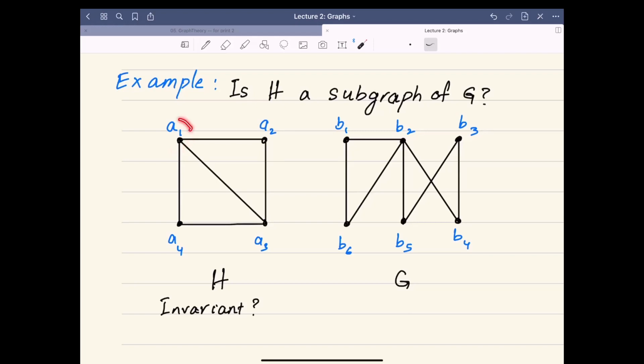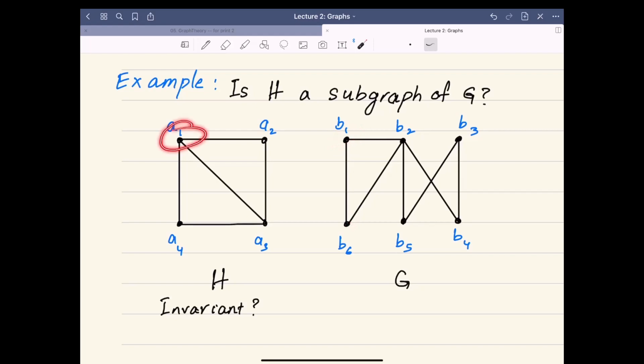So you cannot match A1 with B1. Why? Because the number of incident edges here is 3, and here it's 2. So it's not possible that A is the same vertex as B1, if H is a subgraph of G. So what can we find here as an invariant? Look, for example, at A1 and A3. Both of them have 3 incident edges. But look at all other vertices.